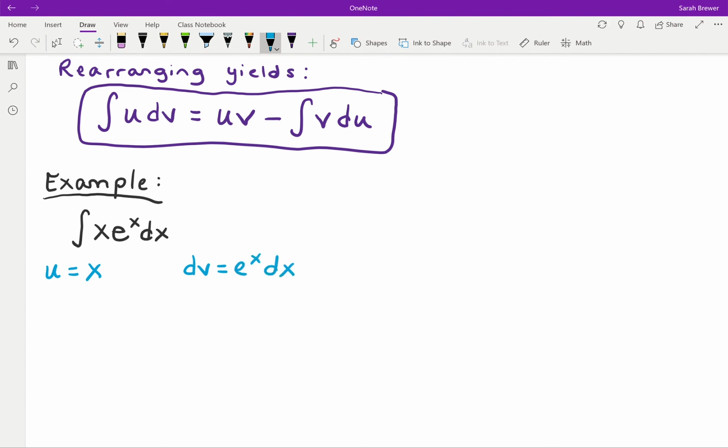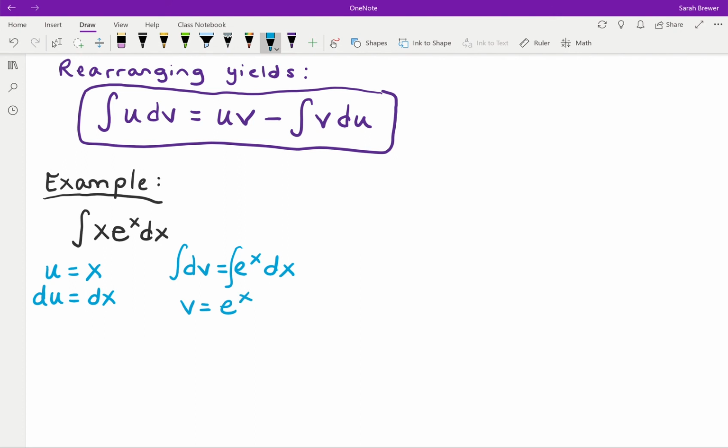Now I'm going to find the differential of u. So my du is just dx. That's pretty straightforward. And then I'm going to integrate dv, and so my v is just e to the x.